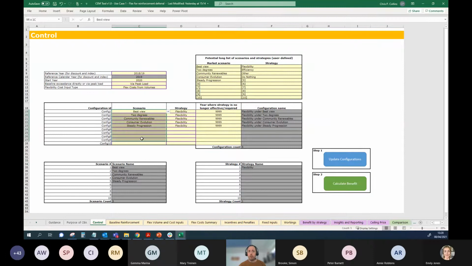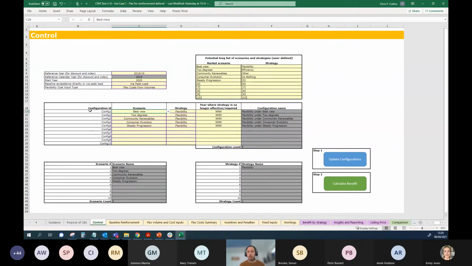So you have scenarios, which describe how the network is going to evolve, and in this use case, how the load is going to evolve on the network. For example, under your best view, you may see that the substation in question is going to require reinforcement in 2 years, but depending on how load growth evolves, that requirement may come sooner, or it may come later, and it's important to recognize that there is uncertainty in there.